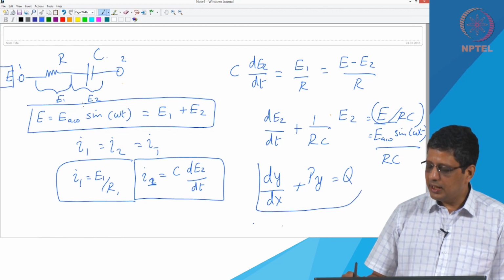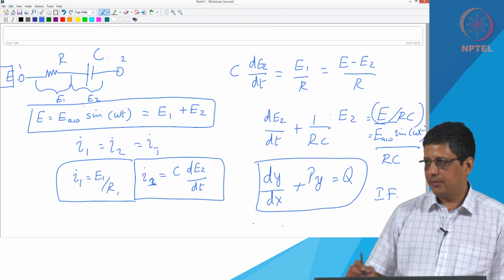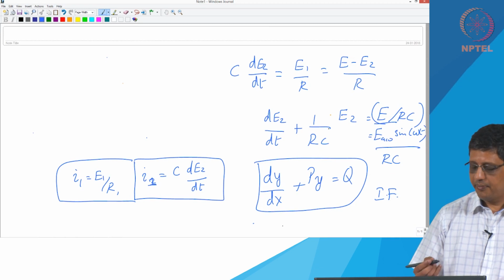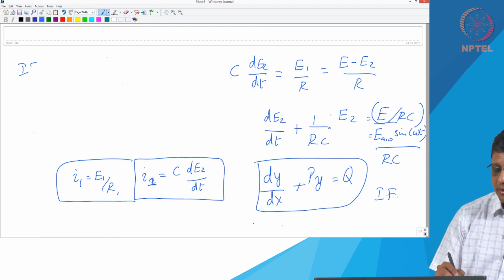when you have an equation like this, we use what is called integrating factor. When we use the integrating factor, we would write it as exponential.